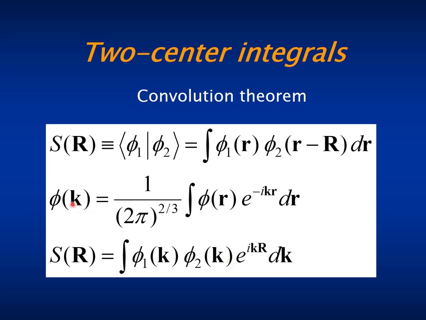So all we have to do is to Fourier transform the basis orbitals to reciprocal space, multiply them, and then Fourier transform back the product to real space. And this will give us the overlap at all distances r. This is done once for all and stored as a function of r.